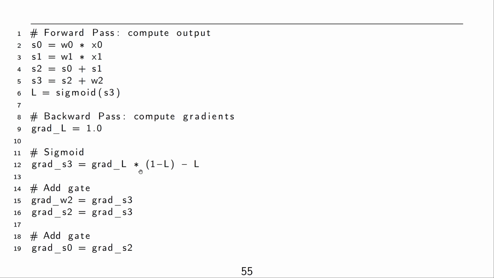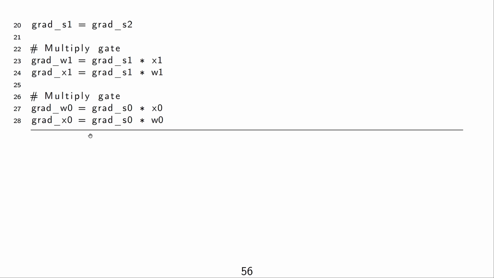All right, and then we have the question, what is the gradient of W2 and what is the gradient of S2? Again, working our way backwards in this code, we compute grad W2 and grad S2 here. Then this goes on until the end. For this simple example, this works out quite nicely, and you can do it by hand.